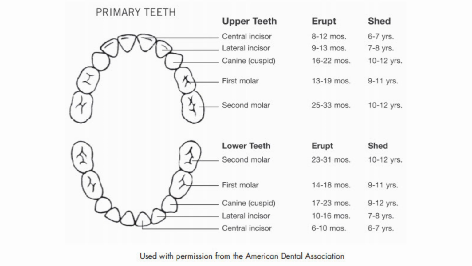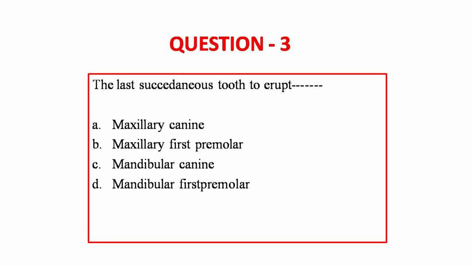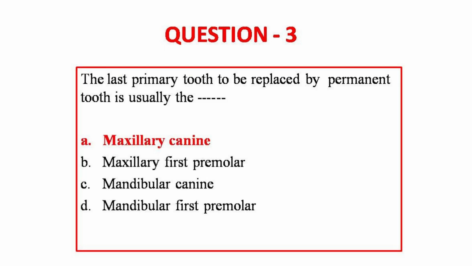So moving on to question number 3. The last succedaneous tooth to erupt is, they've given 4 options: maxillary canine, maxillary first premolar, mandibular canine, and mandibular first premolar. The answer to this question is maxillary canine. So let's look at the picture.